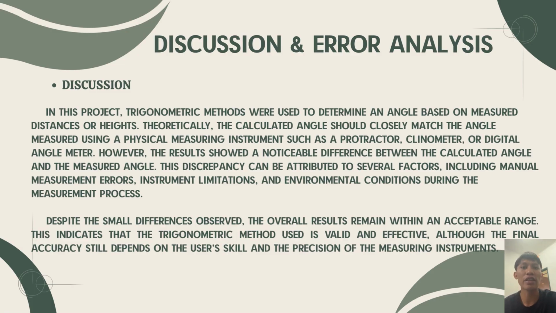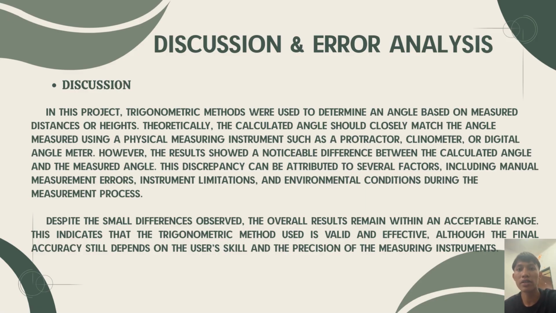In this project, trigonometric methods were used to determine an angle based on measured distance or height. Theoretically, the calculated angle should closely match the angle measured using a physical measuring instrument, such as a protractor, clinometer, or digital angle meter.